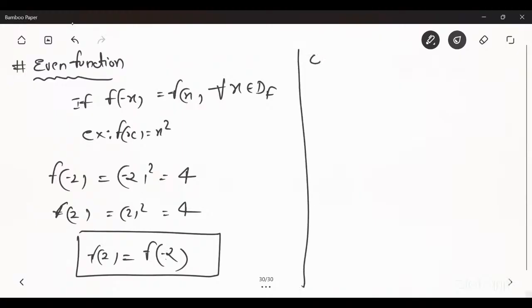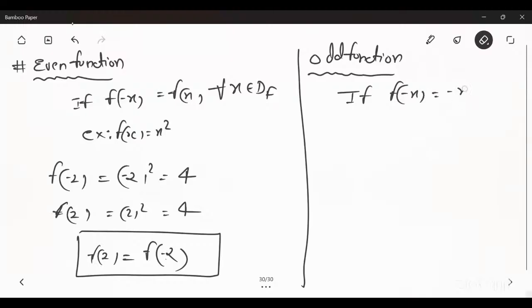And next is odd function. What are the odd function? That if f(-x) is equal to minus of f(x) for all x belongs to domain of f.